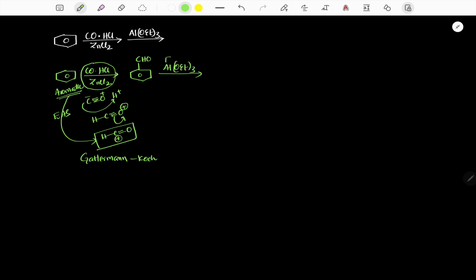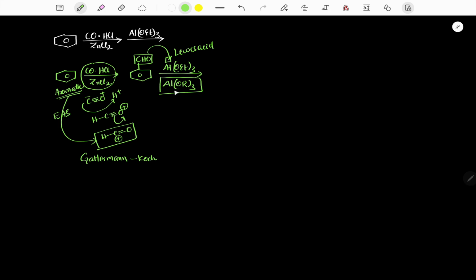Because of the vacant orbital, it is a Lewis acid. When an aldehyde is treated with a Lewis acid like Al(OH)3, generally in the given reaction we can take any type of Lewis acid like this. So 99% we see this reagent.